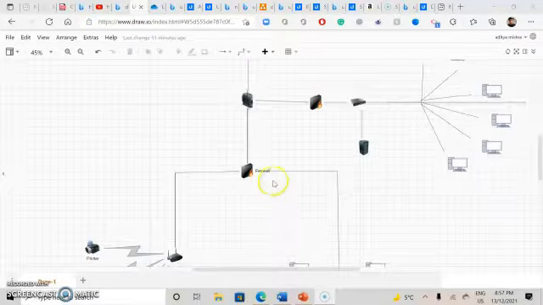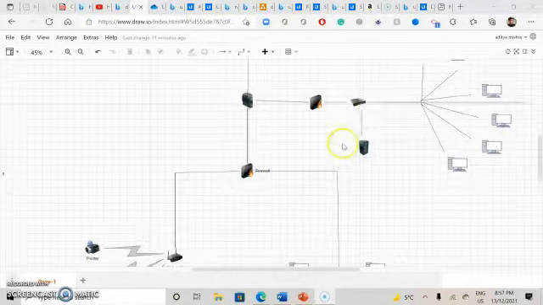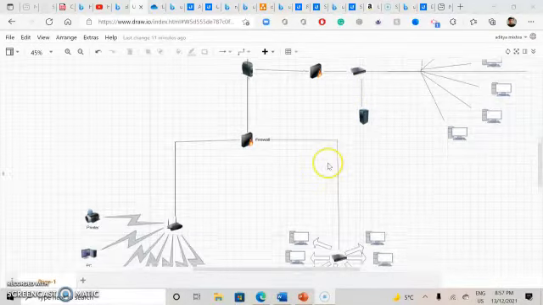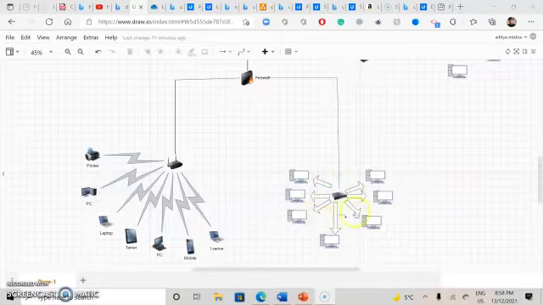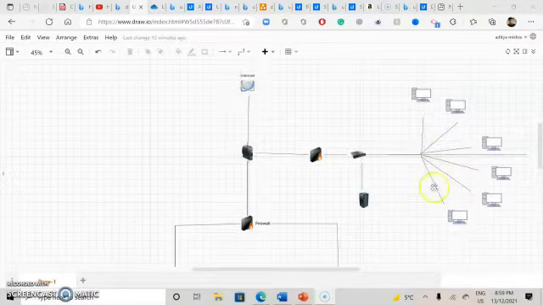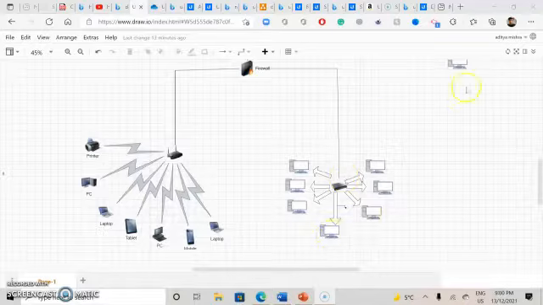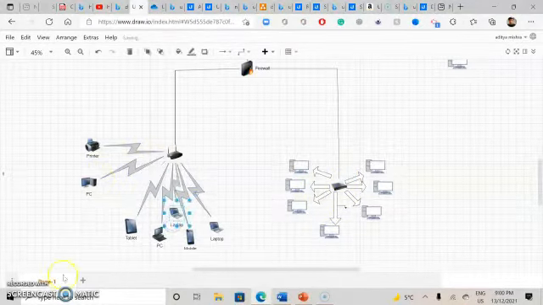I've also provided VoIP service on the server, so they can access free international calls through the Asterisk application and any other free application. I've used Subnet 24 for this network, Subnet 8 for this network, and Subnet 32 for this network.